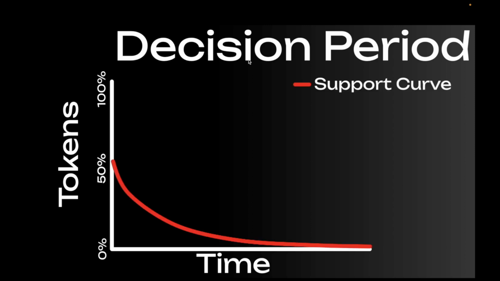So the first parameter to be aware of is the support curve. This is basically the number of dots voting on a referenda, or you can know it as the voter turnout.